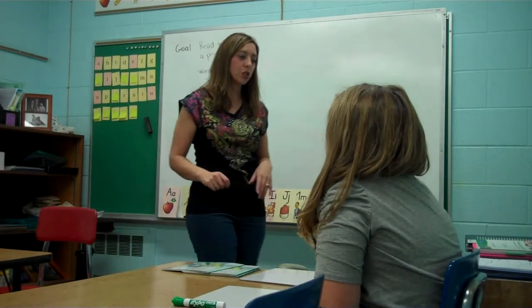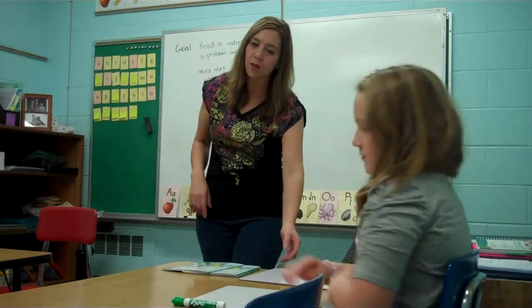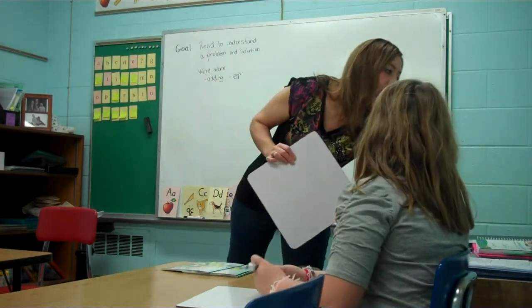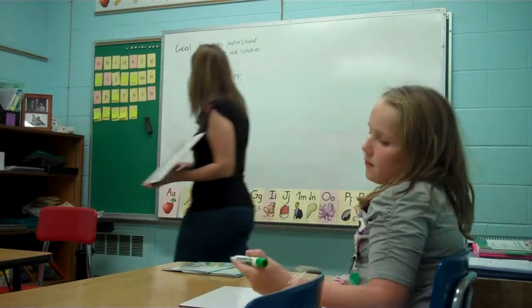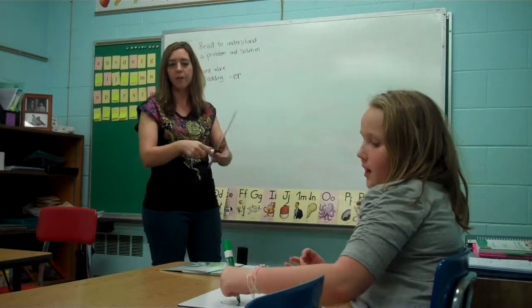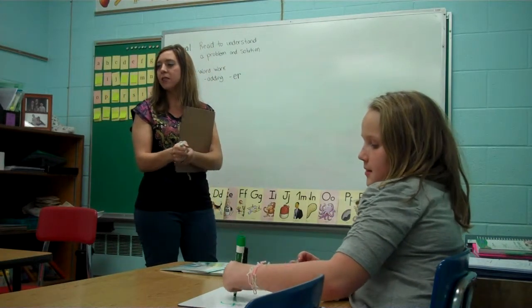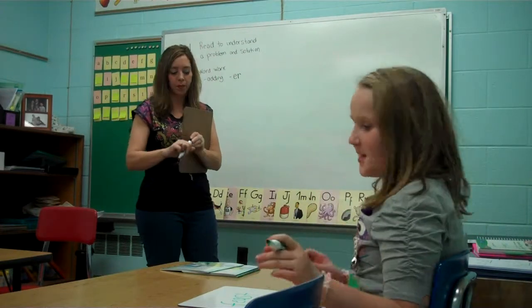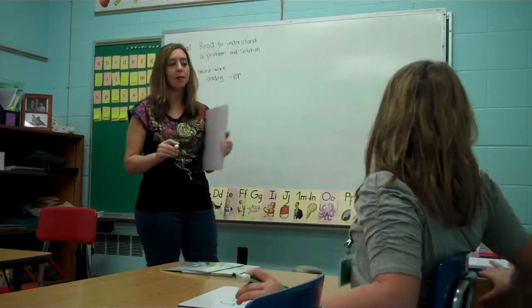So the first thing I want you to do is, using the whiteboard that I gave you, write the word fast on your whiteboard. Fast. You have feast, Leslie. You have two vowels going walking.